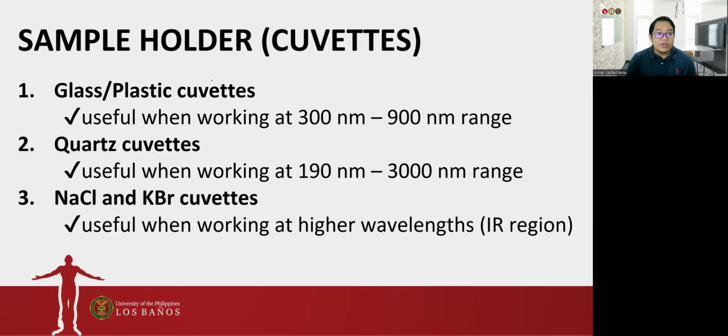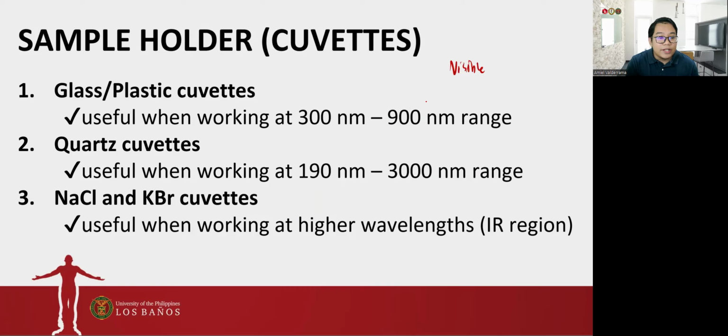We have the glass or plastic cuvette, we have the quartz cuvette, and we have the sodium chloride or potassium bromide cuvette. So, ang differences lang nito is kung kailan sila dapat gamitin based on the working wavelength na gagamitin natin.